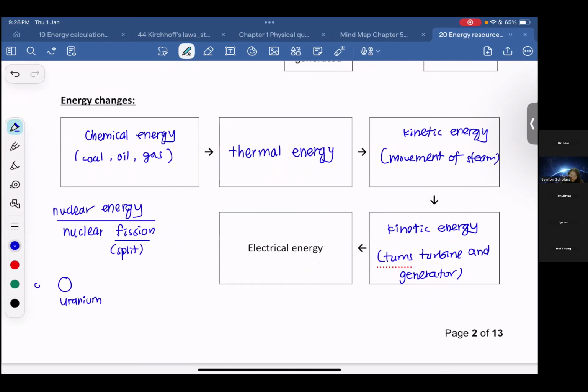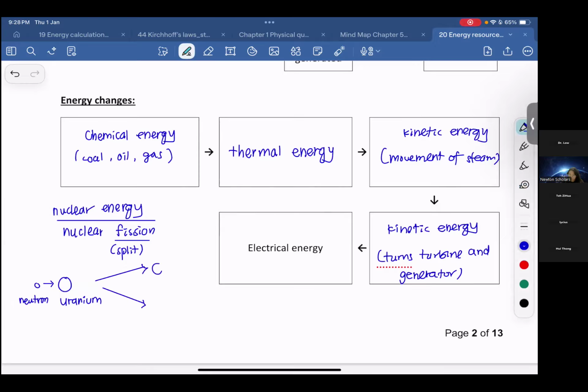They use one neutron. The neutron hits the uranium, then the uranium will split into two smaller daughter nuclei, plus neutrons, plus thermal energy. Here, the energy is thermal energy.